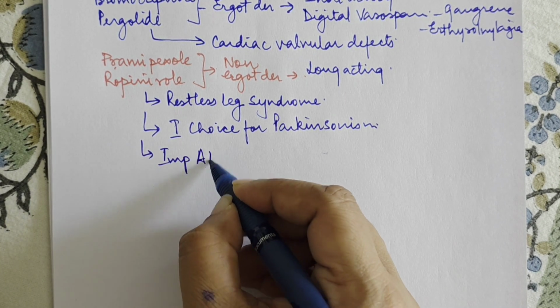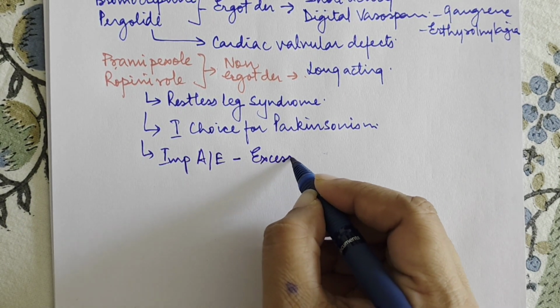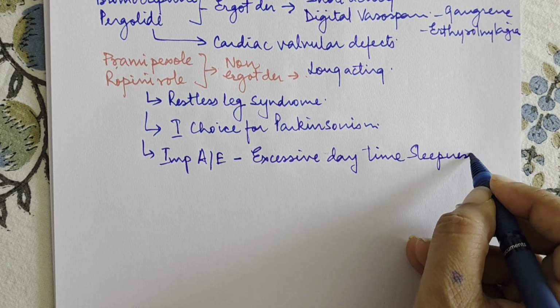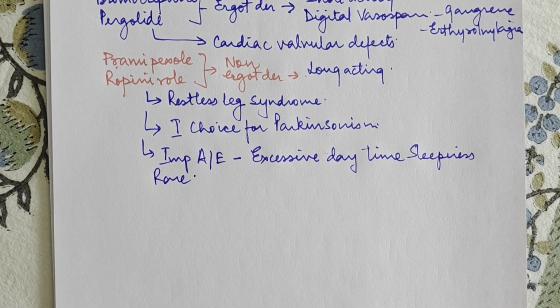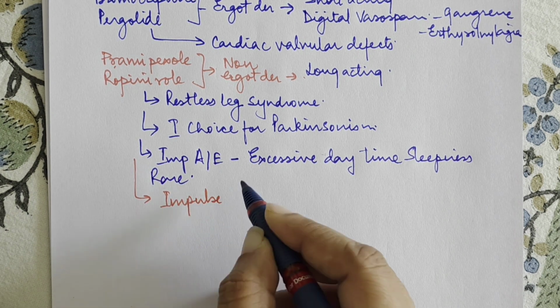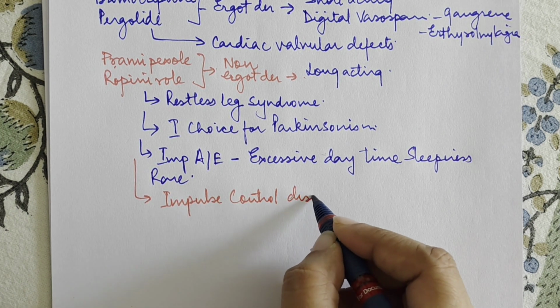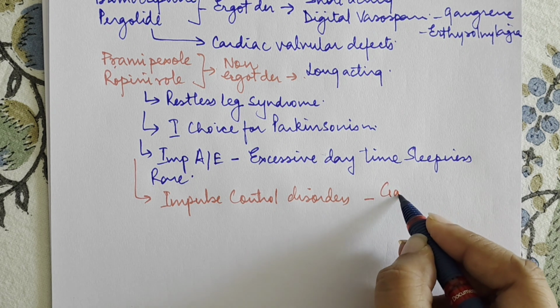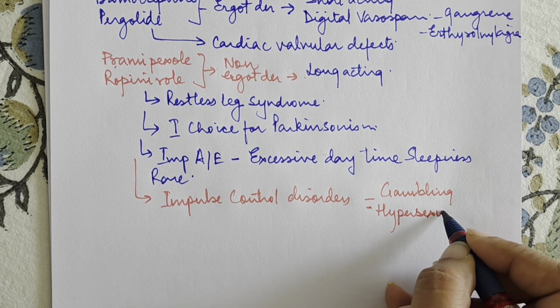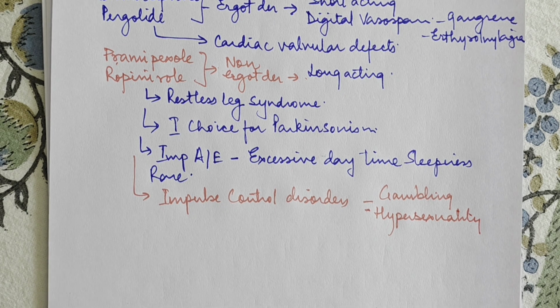An important adverse effect is excessive daytime sleepiness. It is rare, not very common, right? Then these drugs, dopamine agonists, are also associated with impulse control disorders like pathological gambling and hypersexuality.